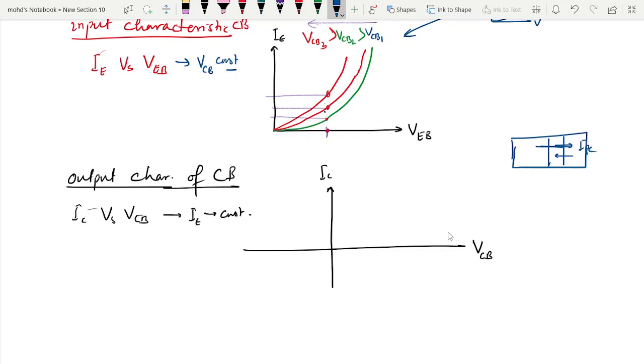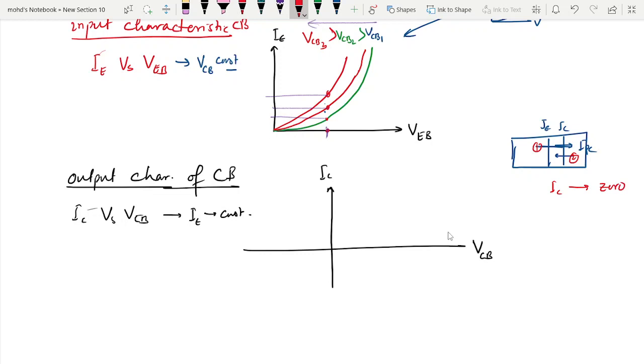This is the emitter junction and this is the collector junction. Now consider a case where both junctions are in reverse bias. Then these two currents become negligible, and therefore the current IC will be 0.